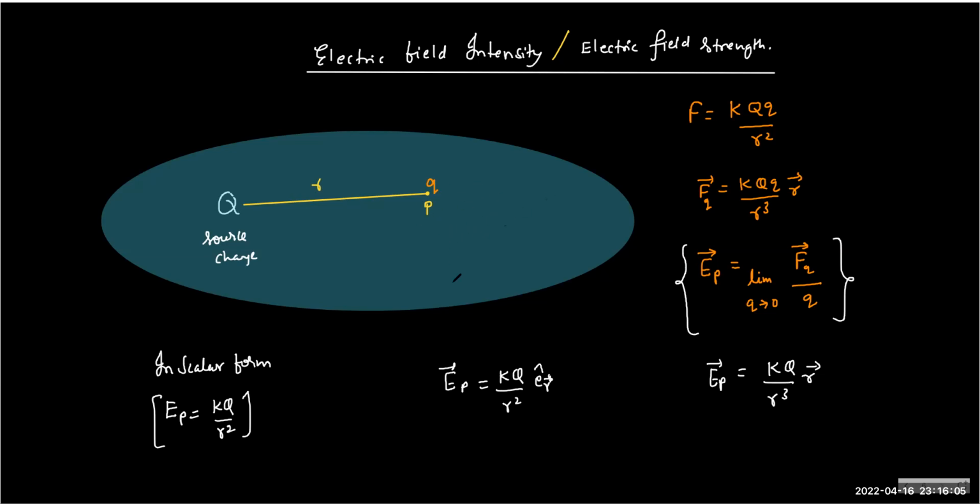Rather, if I bring a plus 1 Coulomb charge, the force will be how much? kQ1 by r square, which has the same formula as the electric field. So finding the electric field intensity at a point is as good as finding the Coulomb force at the point, assuming a charge of plus 1 Coulomb is kept there. So what can we write?